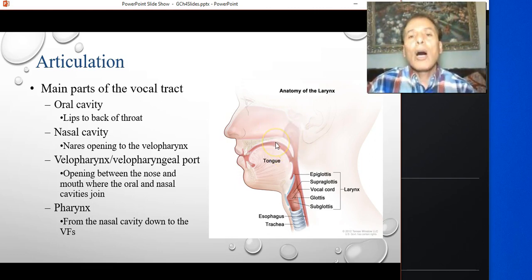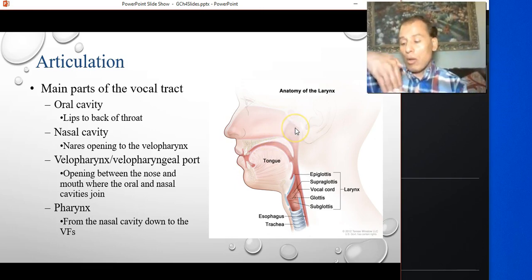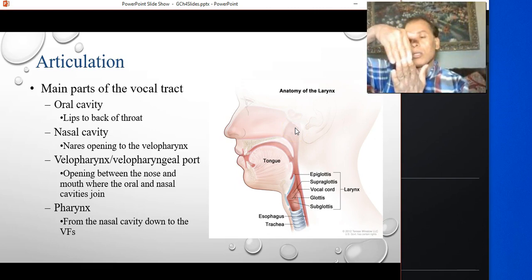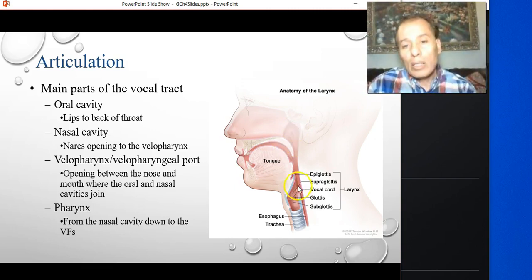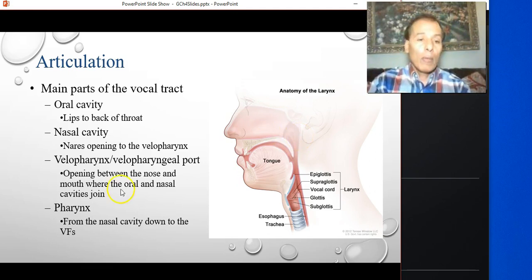So whenever you say ah, that is lifted up. For all the vowels and most of the sounds except for the nasal sounds, the velum is up and closing off the nasal cavity, making the air go out of the mouth. So that area called the velopharyngeal port is the area between the velum and the posterior pharyngeal wall.